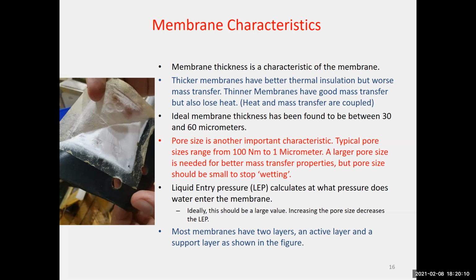So membrane thickness is one parameter, membrane pore size is another parameter. There's something also that we call the porosity. Porosity is a ratio between the areas of the holes or the pores in the numerator, and the total or gross area of the membrane in the denominator. Higher porosity means that it can allow more vapor or more water to pass, depending on whether it is hydrophilic or hydrophobic.